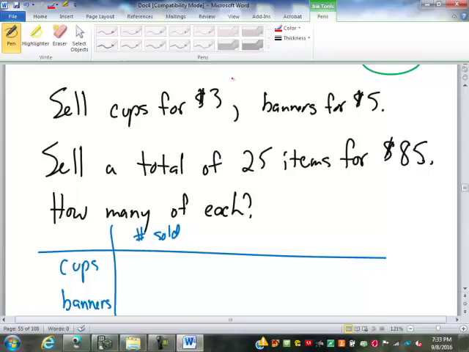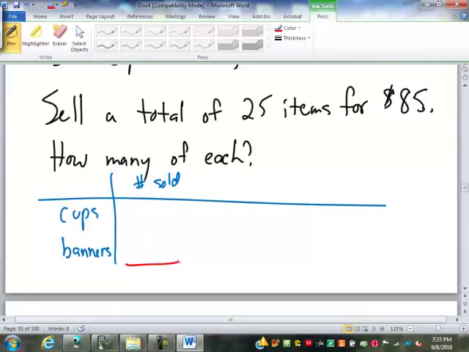What are we told? 25 total items. So we know that the number of cups plus the number of banners adds up to 25. So whatever we put down here, that has to total 25. Well, the easiest way to express that, and this might be confusing for a second, just pick one of them to be X. Let's pick the number of banners sold to be X again.